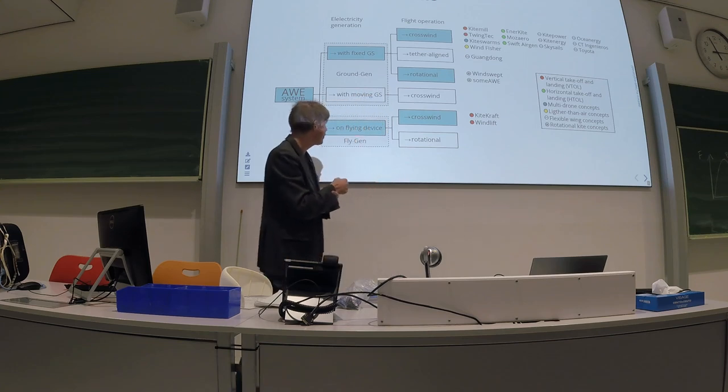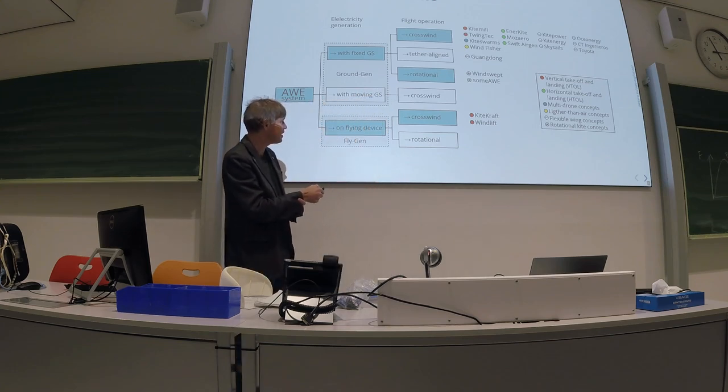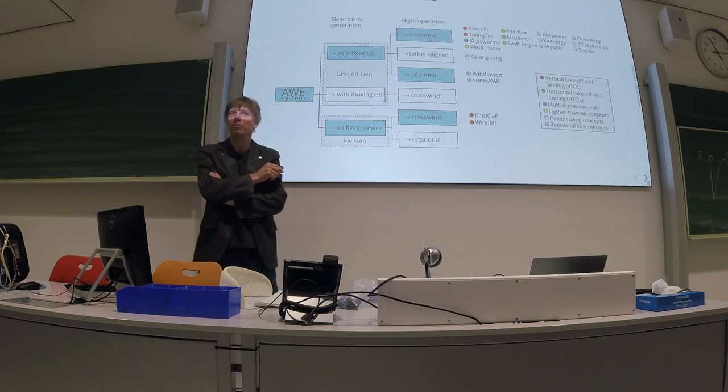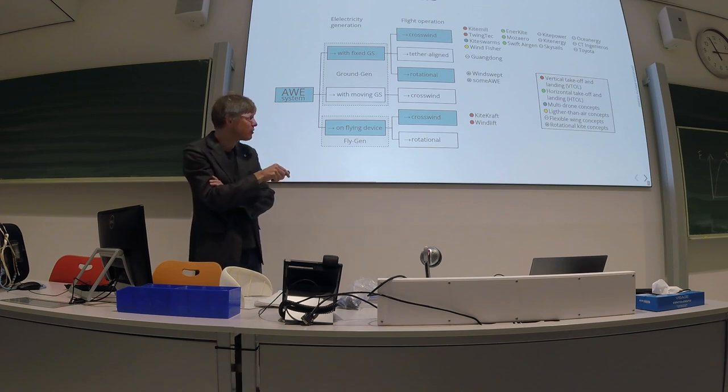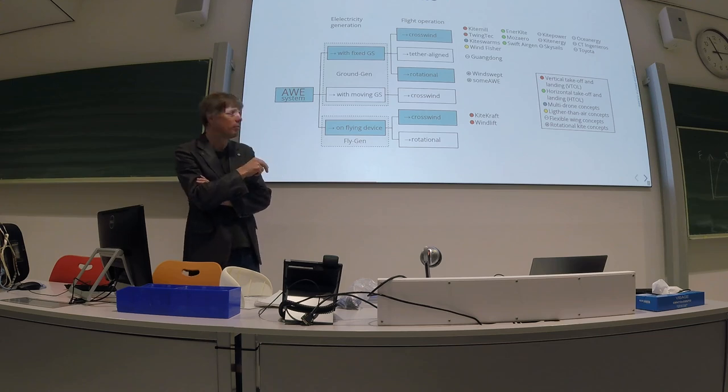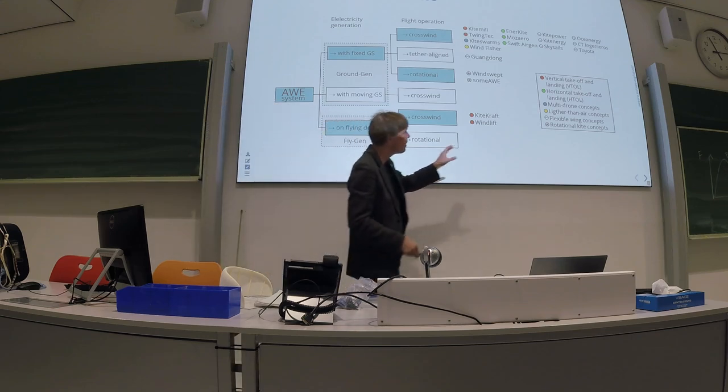Then you have here on the flying device crosswind, we have 2 companies that currently pursue that. Makani was one of the originally 3, but they stopped operation. And then we have the rotational kite with 2 concepts. We will look at most of these concepts today.